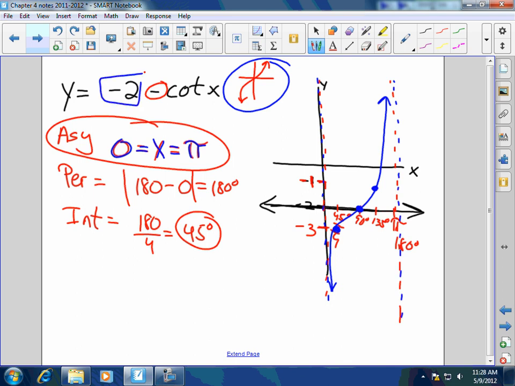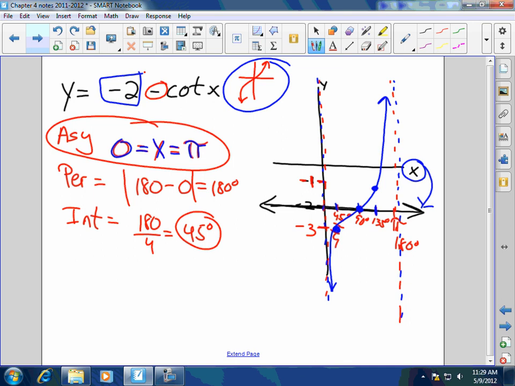I have a negative 2 here that was being added to the cotangent. So if you notice, I went from my x down to negative 2 because that's my new baseline. My period is 180. My intervals are 180 divided by 4, so my intervals are 45. So for my asymptote of 0, plus 45, plus 45, plus 45.